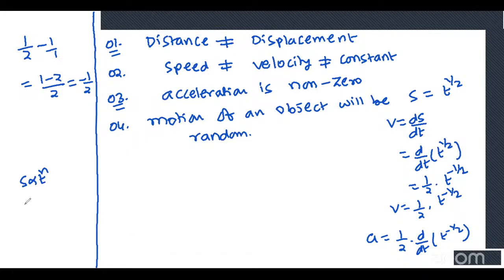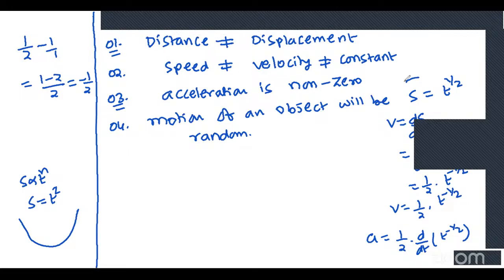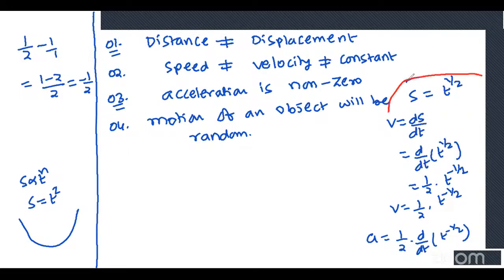Suppose s equal to t square, then we'll have the shape like a parabola. It depends upon the n value.